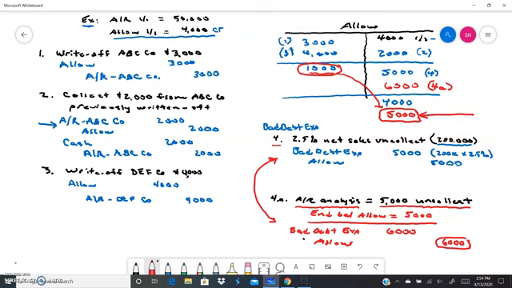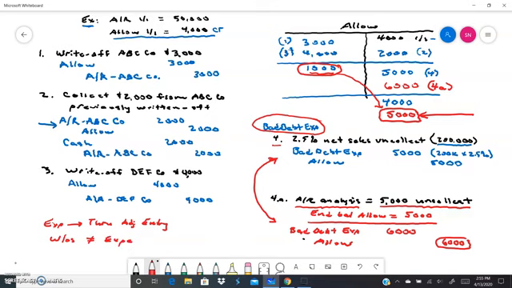So I think it's worth noting that the only time expense is ever recognized is through an adjusting entry, okay? So the only time we ever have an expense is through an adjusting entry. So expenses are only recognized through the adjusting entry, and write-offs do not give rise to an expense.